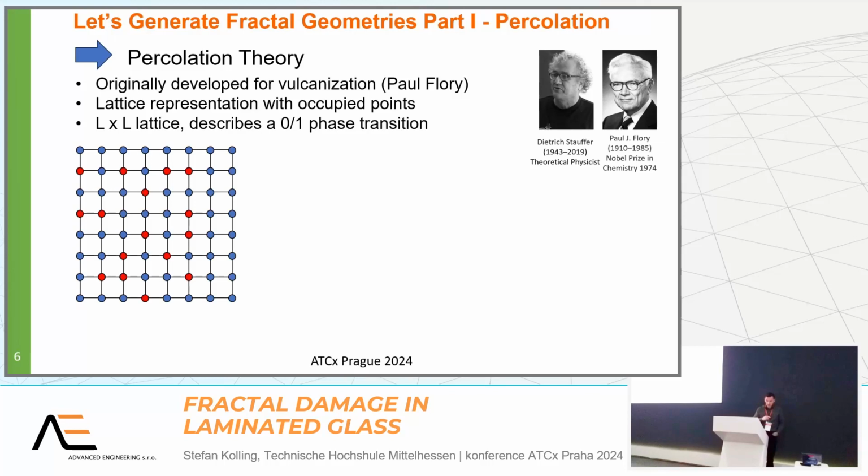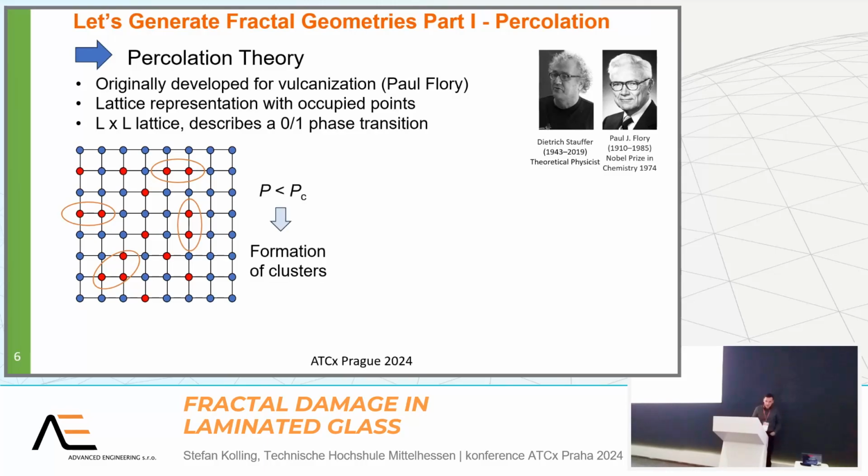We see some blue points, some red points, and sometimes clusters occur like here: at least two red points close to each other, or more. This is what we call a cluster.